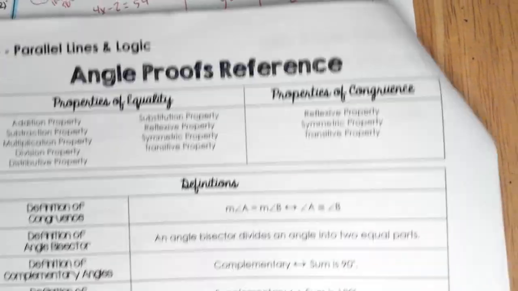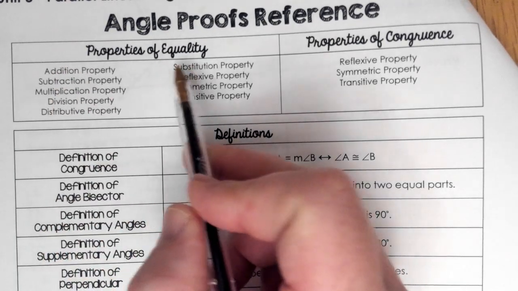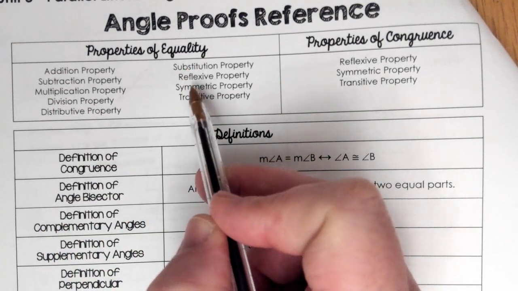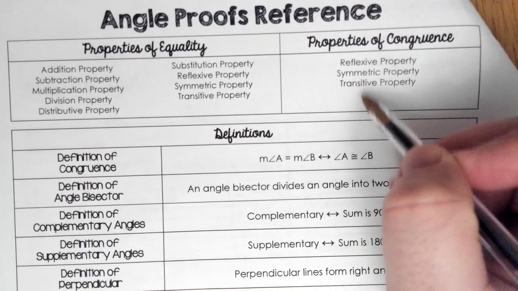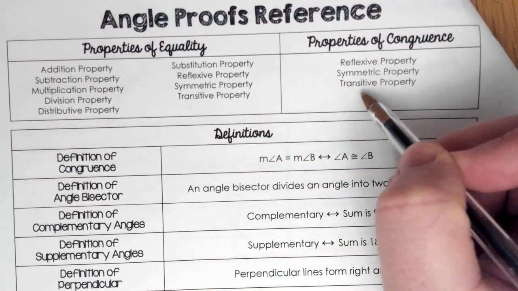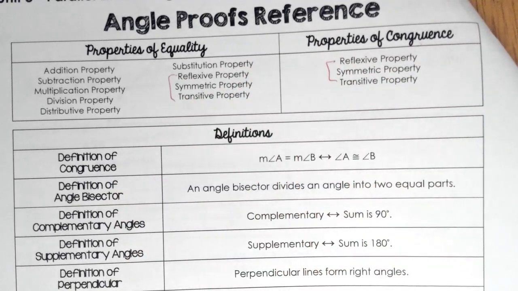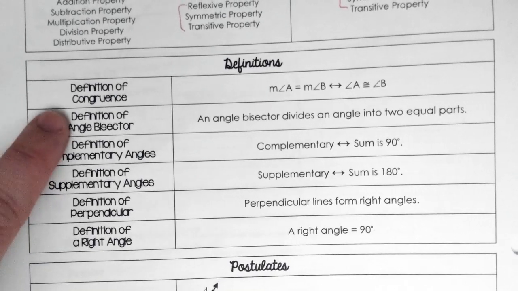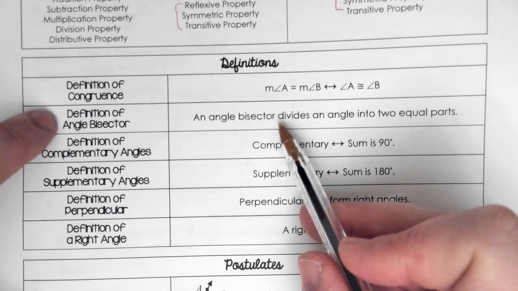All right, so here are all the properties that we just learned. So adding, subtracting, multiplying, dividing, substitution, reflexive, symmetric, transitive, and then the properties of congruence, that's reflexive, symmetric, and transitive again. See how these two sets are the same. All right, we also learned about the definition of congruence, about the angles, definition of angle bisector.